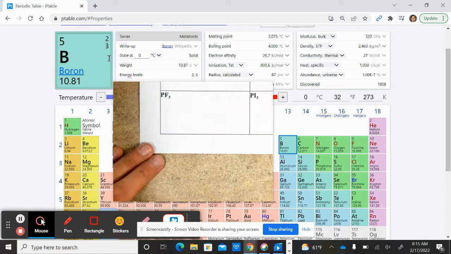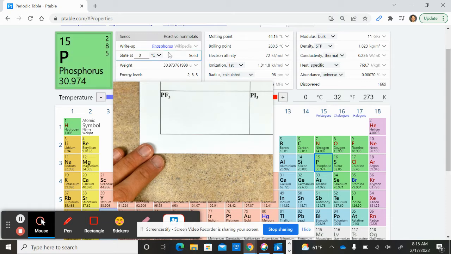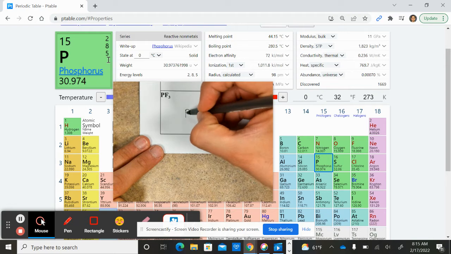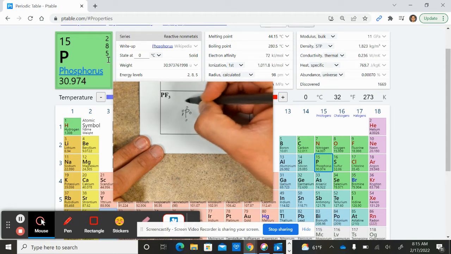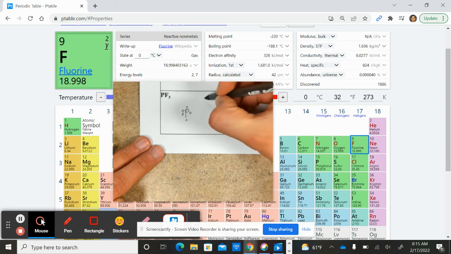All right, now let's try PF3. Phosphorus has a valence shell of 5. So we have 1, 2, 3, 4, 5. Fluorine, similar to chlorine, same group, has a valence shell of 7.